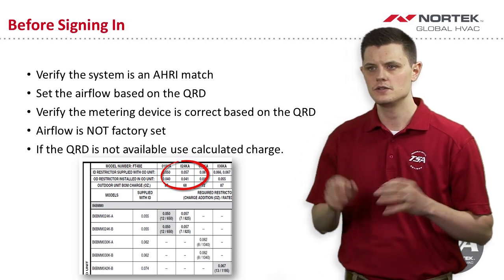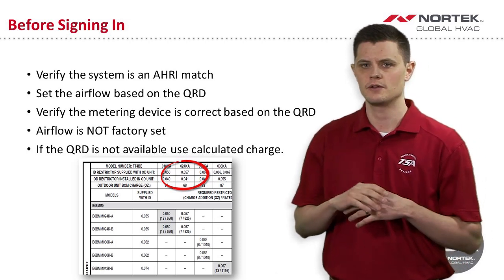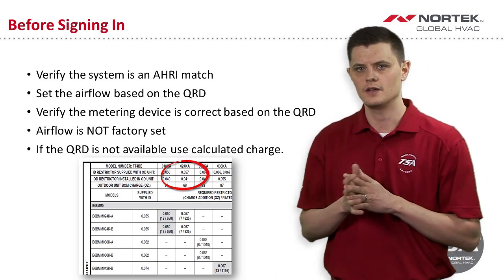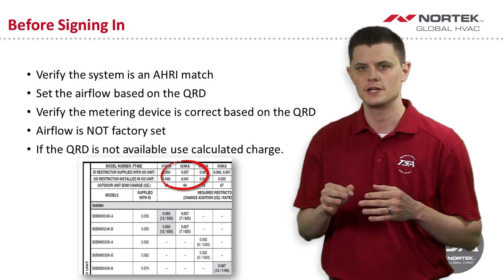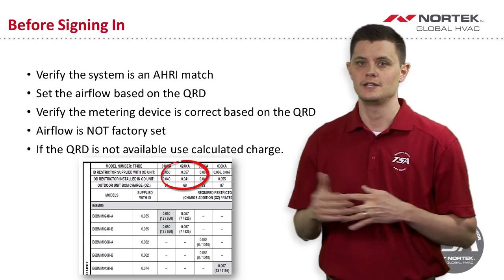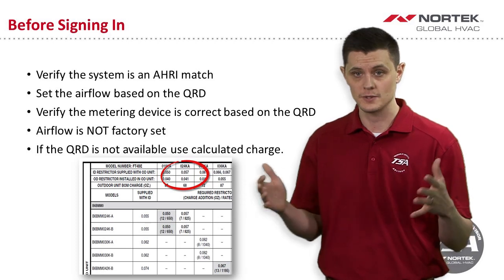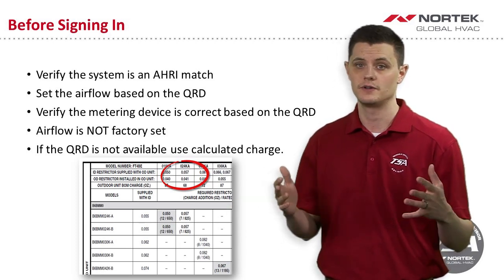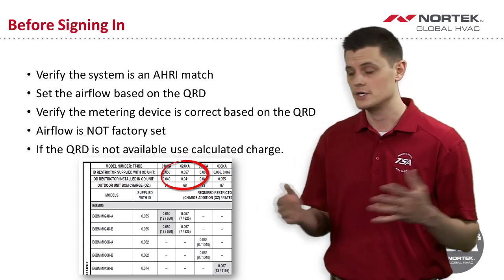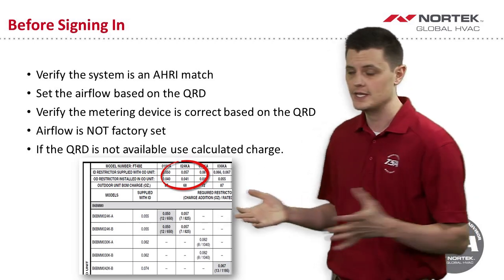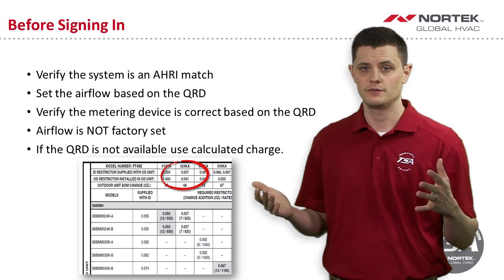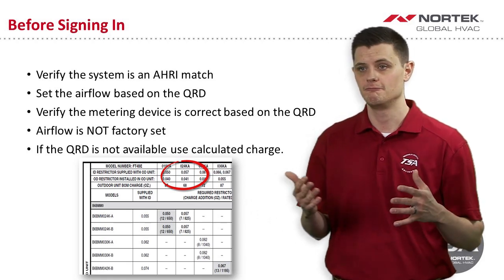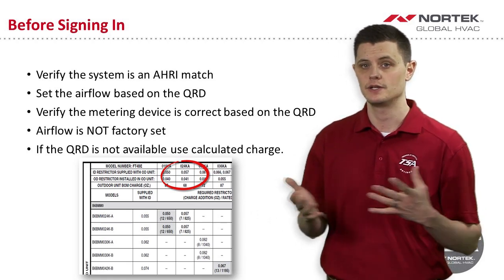So it's not super critical that you know the exact number for your charge. It does help when you're trying to figure out if you're undercharged or overcharged. But within the calculator, they've worked it to where you don't necessarily need that number, but it certainly does help.